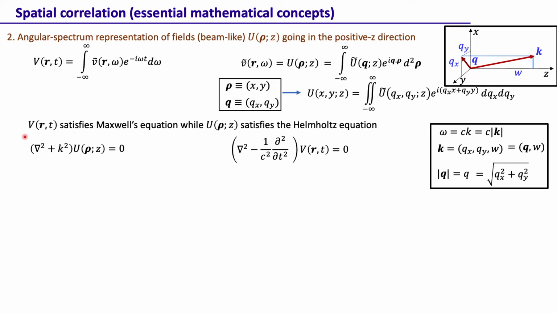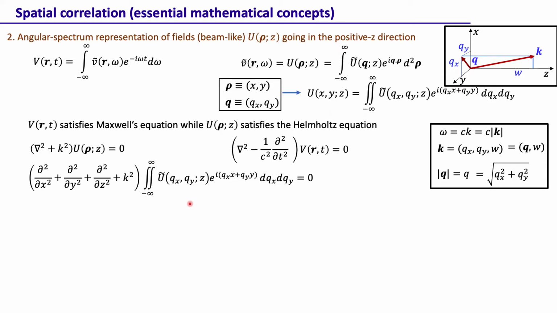Okay, so now let's come back to this Helmholtz equation, which is being satisfied by this signal u(rho, z). So this del square is basically del square del x square, del square del y square, del square del z square plus this k square, and this acts on this u(rho, z). For this u(rho, z), I will now use this expression, so this should be 0.